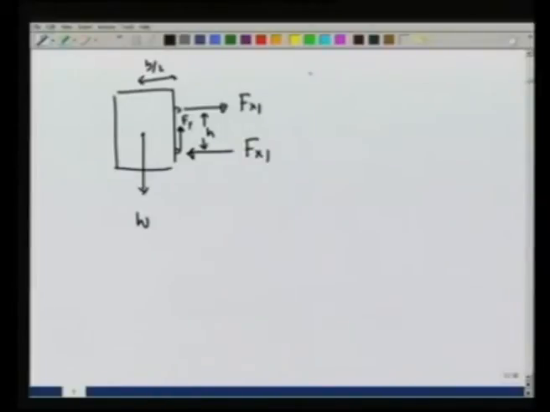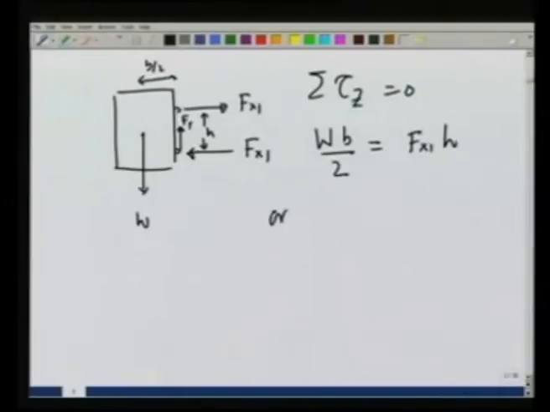So, summation tau z is equal to 0 gives me W times b over 2, that is a couple due to Fy and W, should be equal to Fx1 times h, or Fx1 is equal to Wb over 2h.